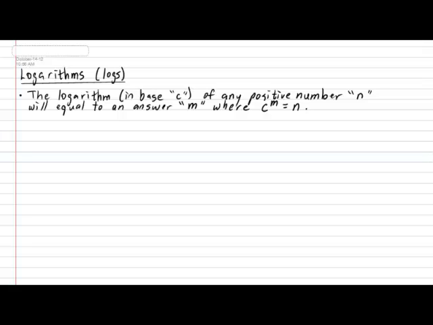What this definition is saying is that if you have a logarithm in a certain base, which we'll denote as c, and usually it's written down there, of any positive number, let's denote as n, should give you an answer, which we will call m, and that will happen because if we were to take the base c and exponent the answer m, it should give back our number n.